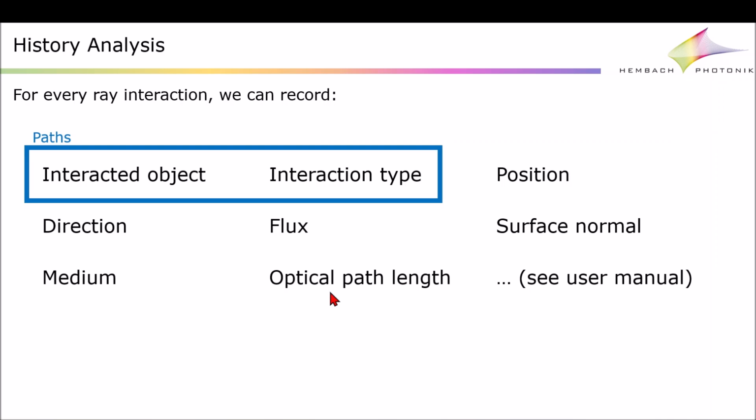Besides the interacted objects and the interaction type, the interaction logs also contain the interaction positions, the ray directions for each interaction, the ray flux, the surface normal, the medium, the optical path lengths, and several other properties.